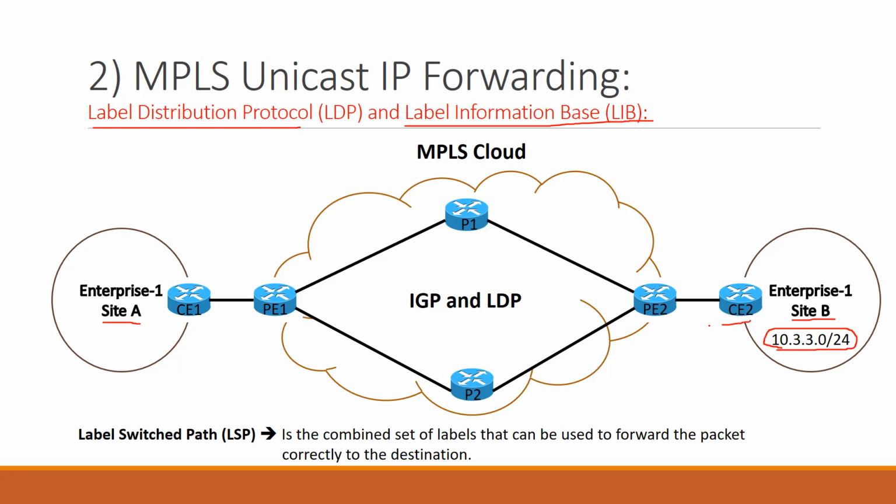So simply CE2 will advertise this IP prefix through a routing protocol, and we will discuss which routing protocols we are going to use outside and inside the MPLS cloud.